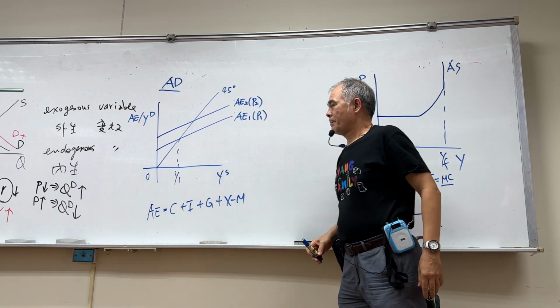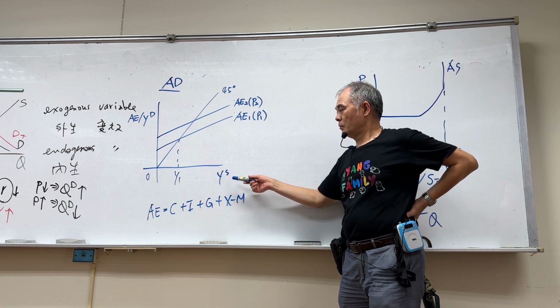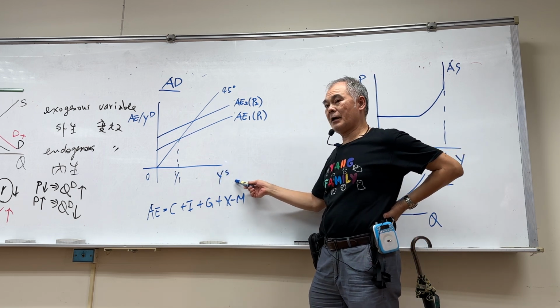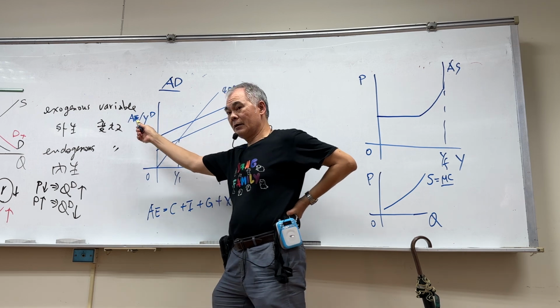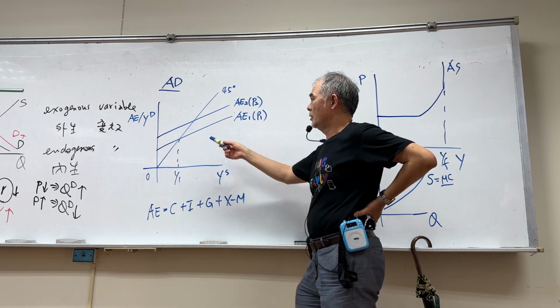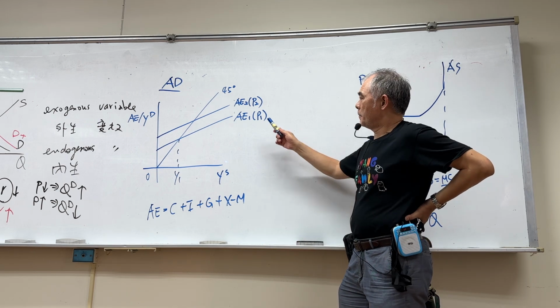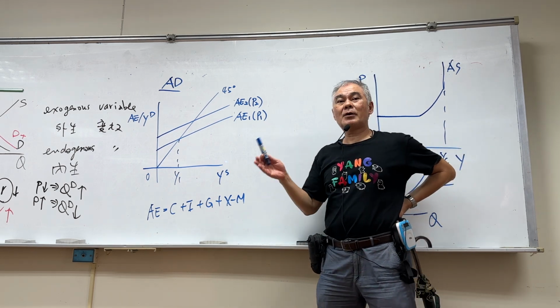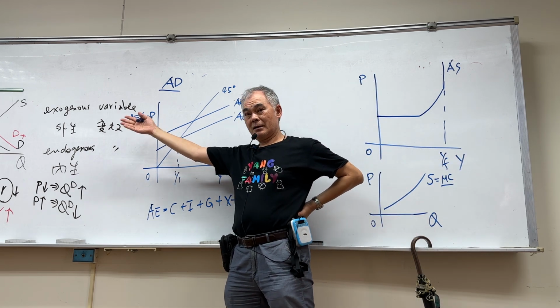So, endogenous variables: you have YS here, and you have YD here, right? So these two are endogenous variables. And what about P? P is the price level, right? It's not here, it's not here, right?